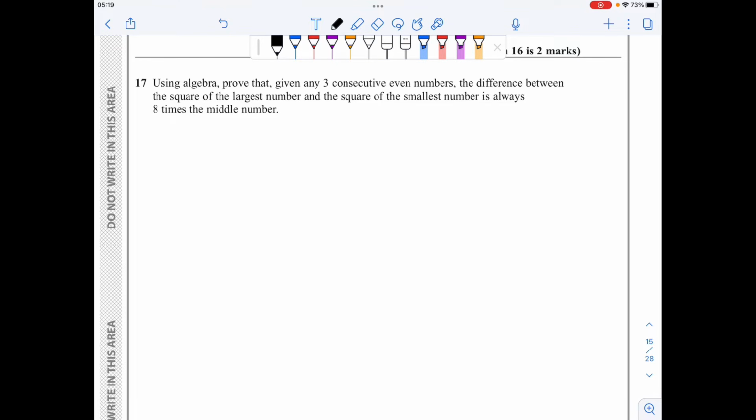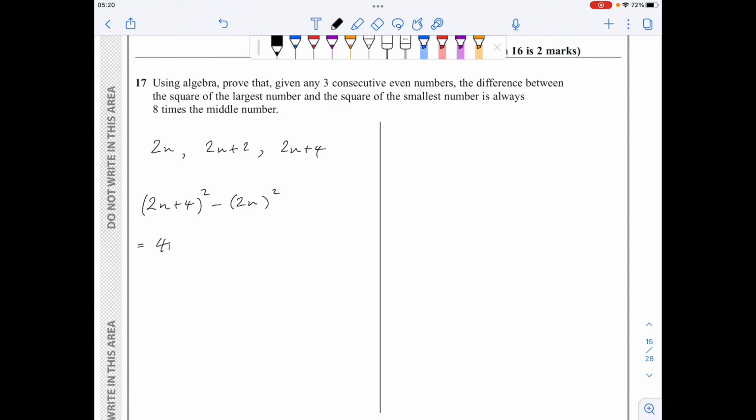In question 17, there are two main methods to do this. For the first method, let 2n be the first even number, so the next one is 2n plus 2, and the next one 2n plus 4. So the difference between the largest and the smallest is 2n plus 4 squared minus 2n all squared.